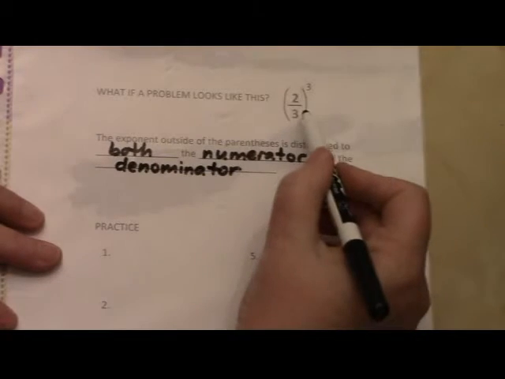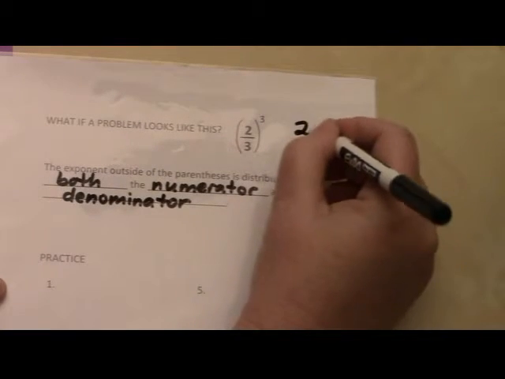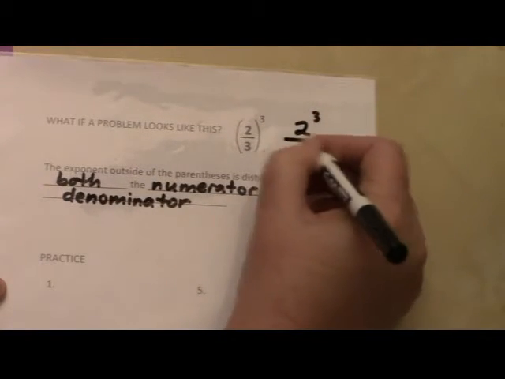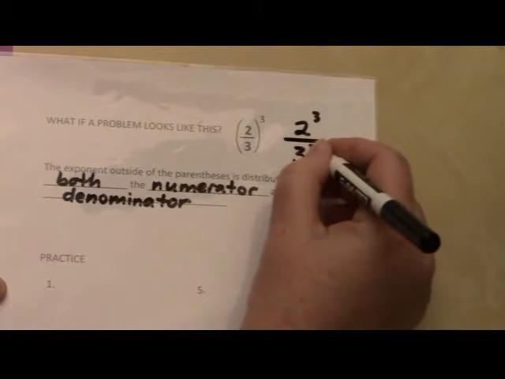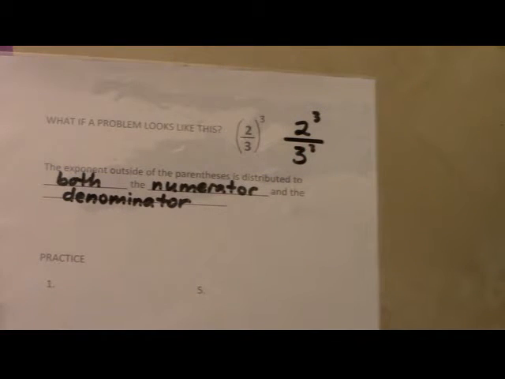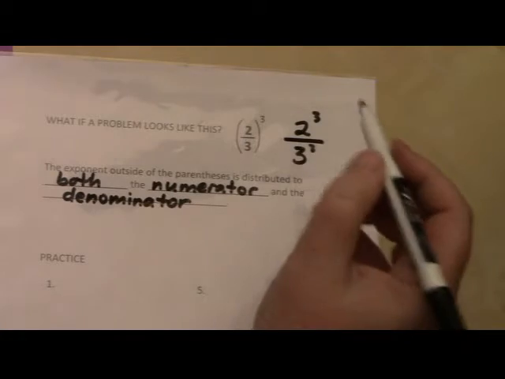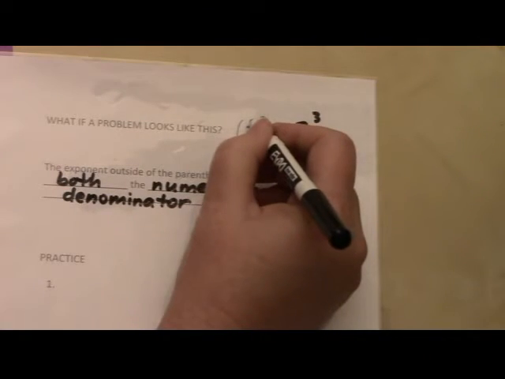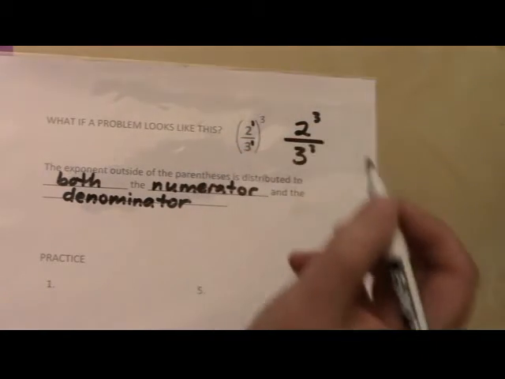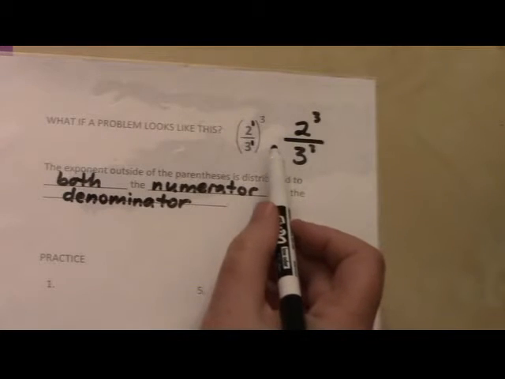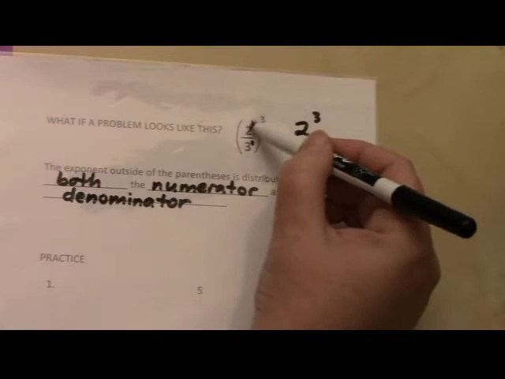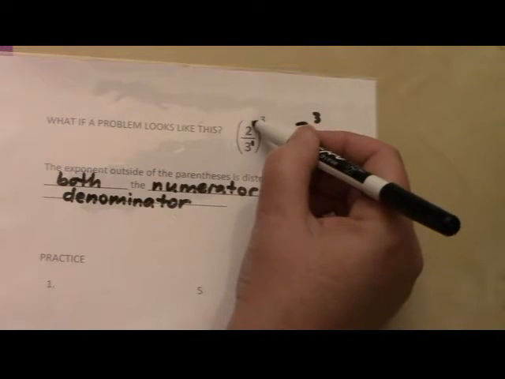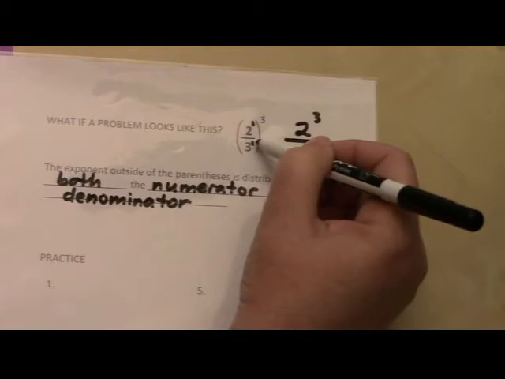So this example would be 2 cubed over 3 cubed. Because remember, there's like ones. Any number that doesn't have an exponent, there's really like a little 1 there. And remember our rule, when we have an exponent outside of another exponent, we multiply. So it becomes 3 times 1 and 3 times 1.